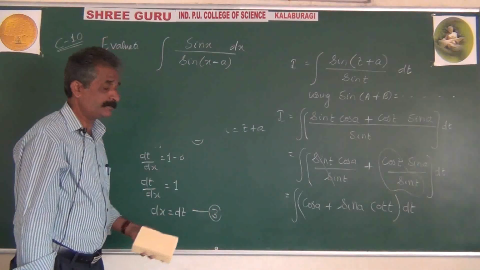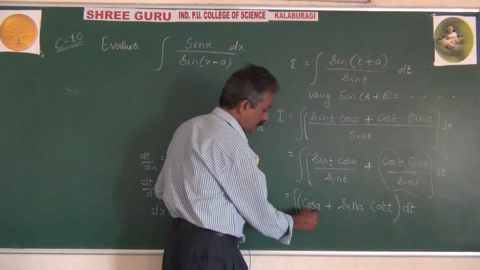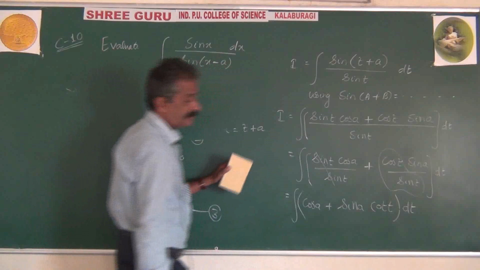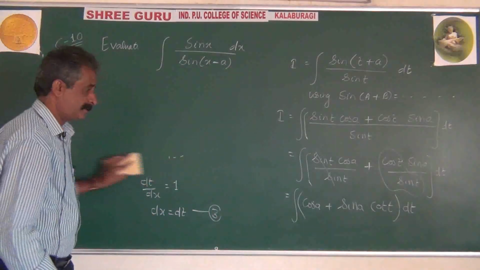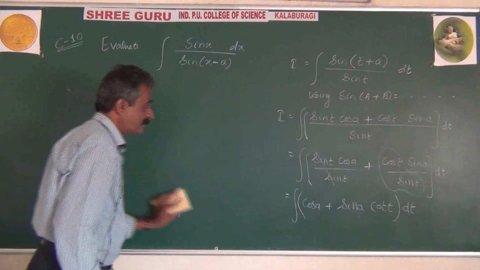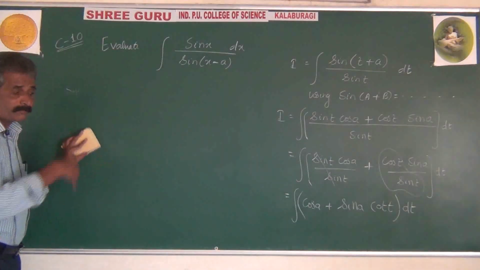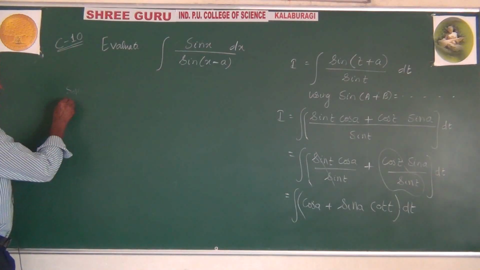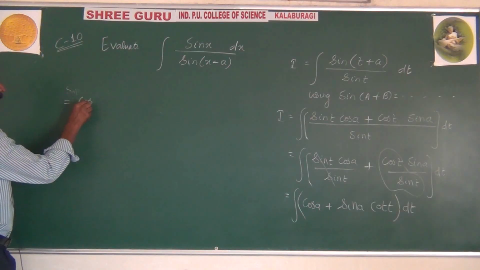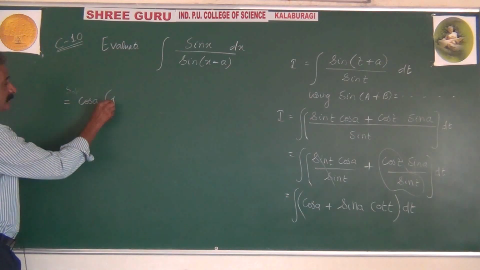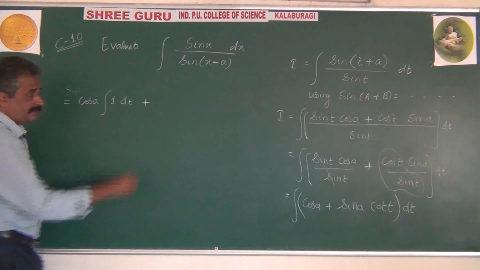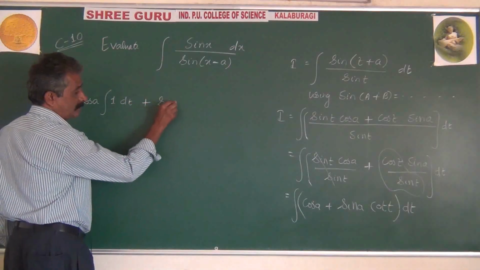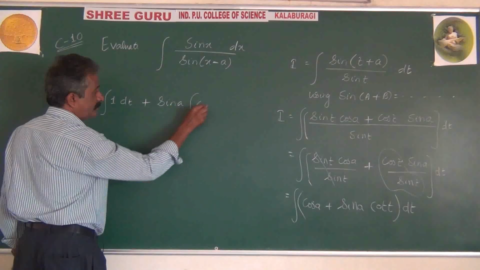Because of integration with respect to t, cos a constant, sin a constant, they can be taken outside their respective integrations. So let's keep cos a, sin a out of the respective integration. What it becomes is cos a into integration of 1 dt plus sin a into integration of cot t dt.